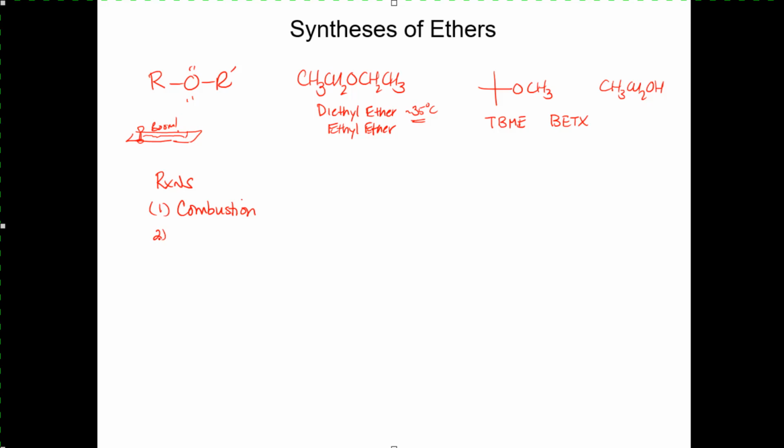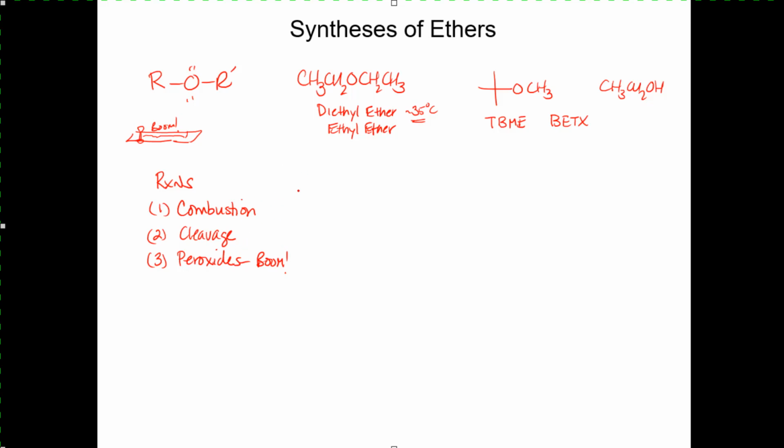But number two, they can undergo a cleavage reaction, and we'll talk about that. And then I guess a third reaction that is unwanted is they can form peroxides, organic peroxides, and that also leads to explosions. So we'll talk about those three reactions.